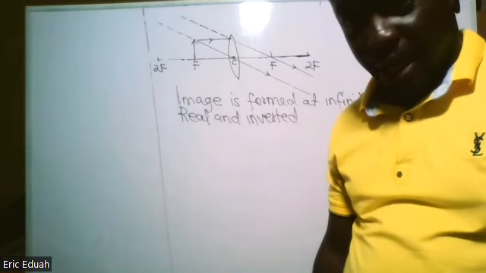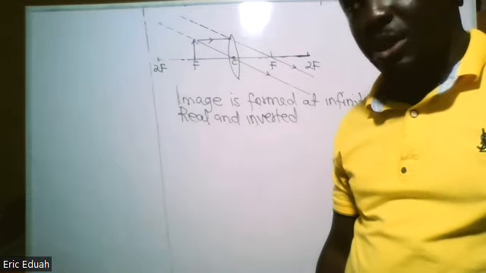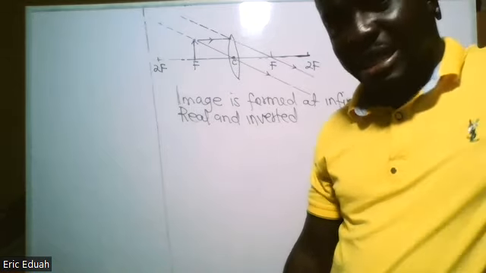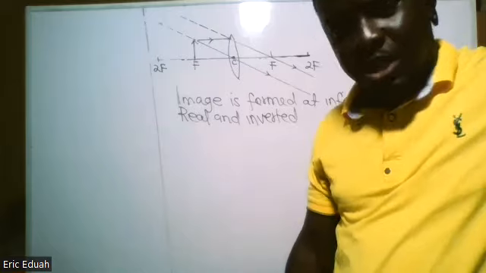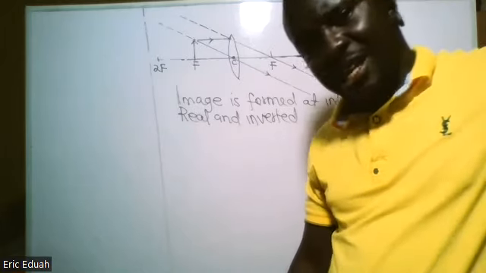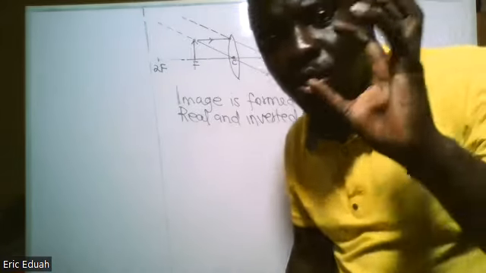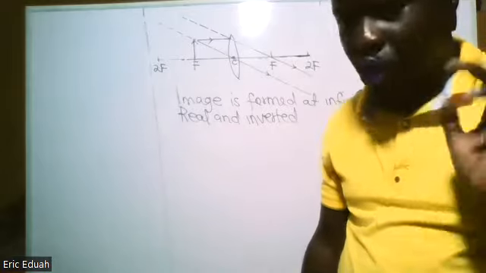I hope you are aware that we can use telescopes to view. Tele means distance, scope means view. So telescopes are for distance viewing, and so we use them to look at stars.